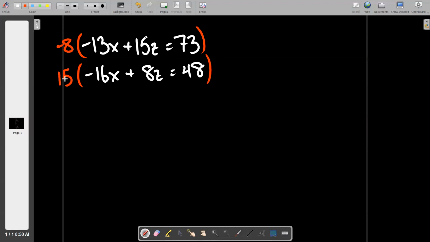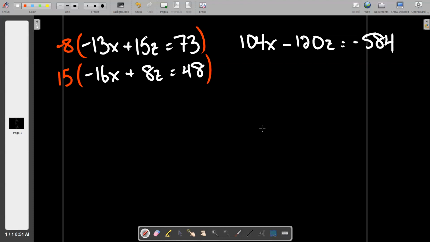The reason we're using -8 and 15 is because one of them has to switch signs. You could have done 8 and -15. It doesn't matter, so long as one of the signs gets flipped. Otherwise, they won't cancel. So on top, we get a new equation: 104x minus 120z equals negative 584.